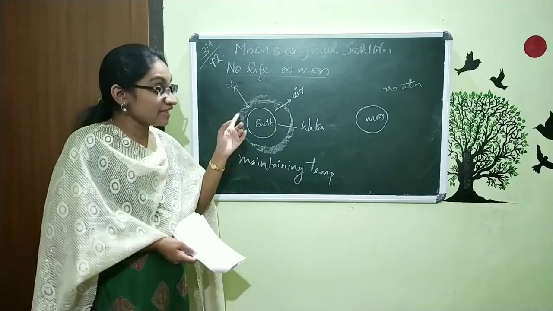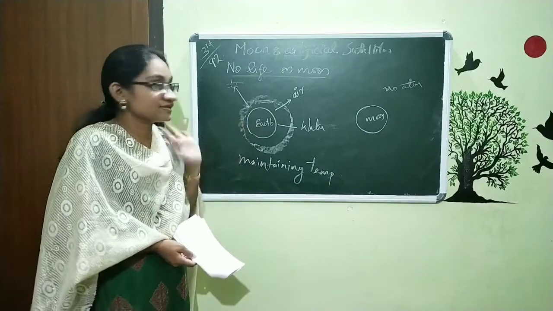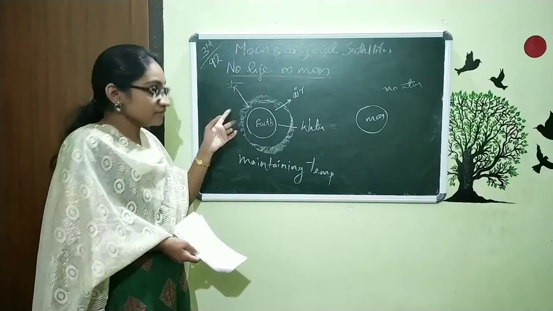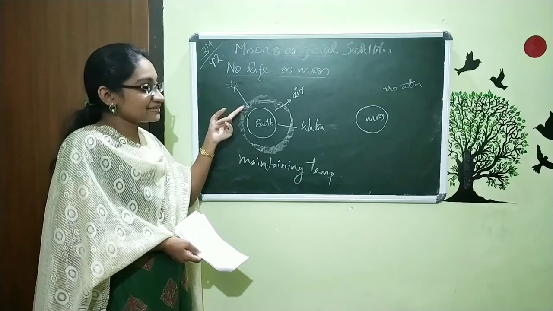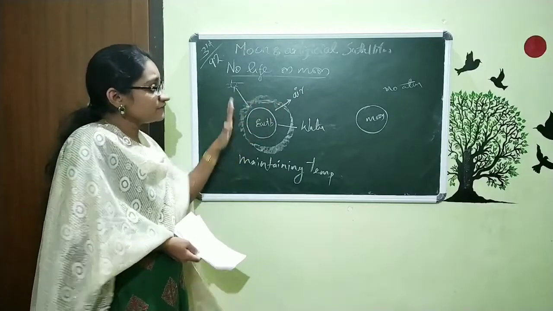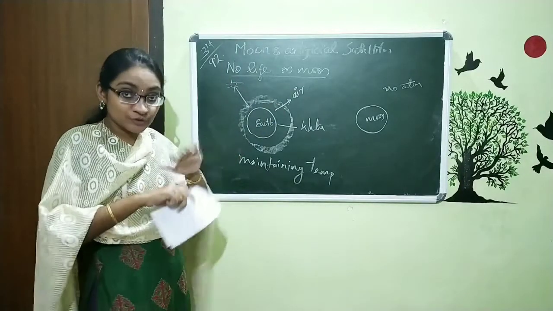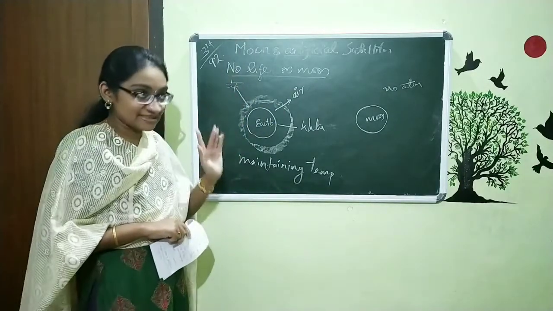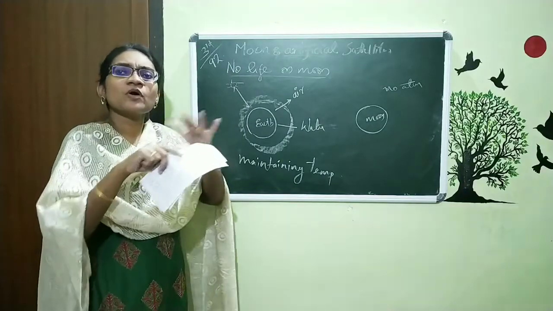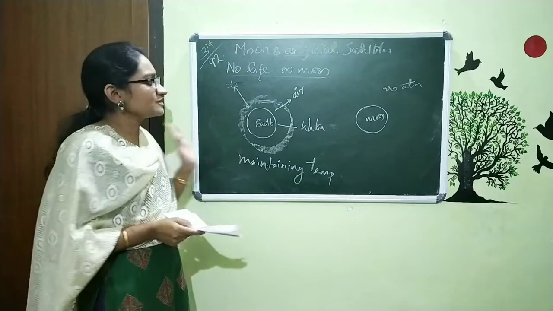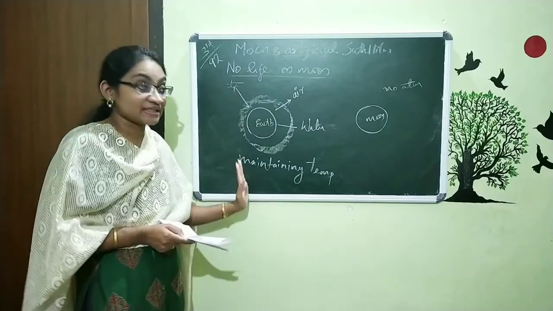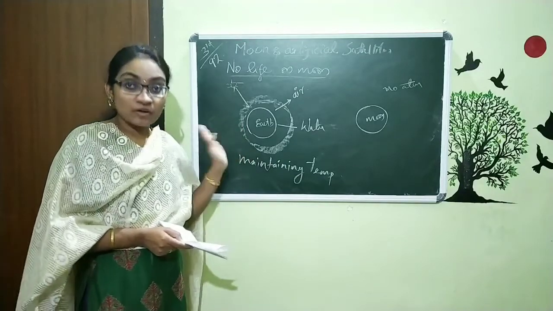That means it controls the high temperature at the surface of earth, and at night when the sun is not there, the heat trapped by our atmosphere fills the air and does not escape outside. That means at night time the atmosphere gives a proper temperature. Simply, our atmosphere maintains the proper temperature for living on the earth.